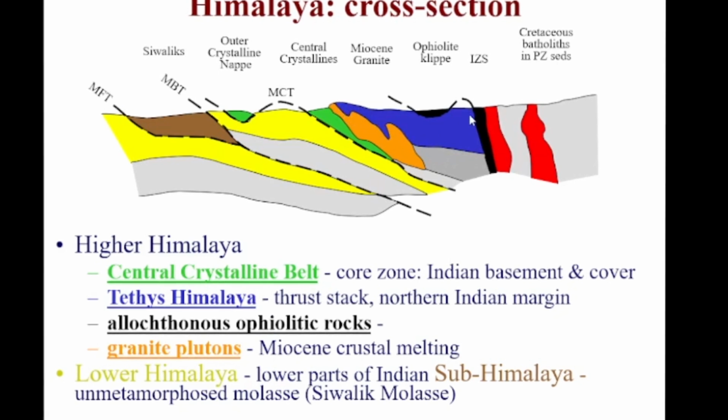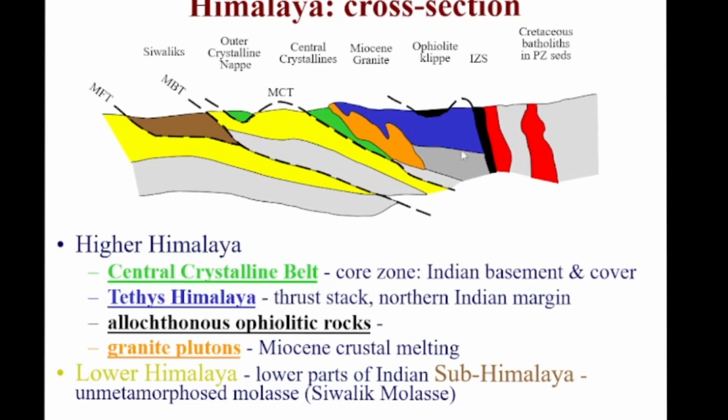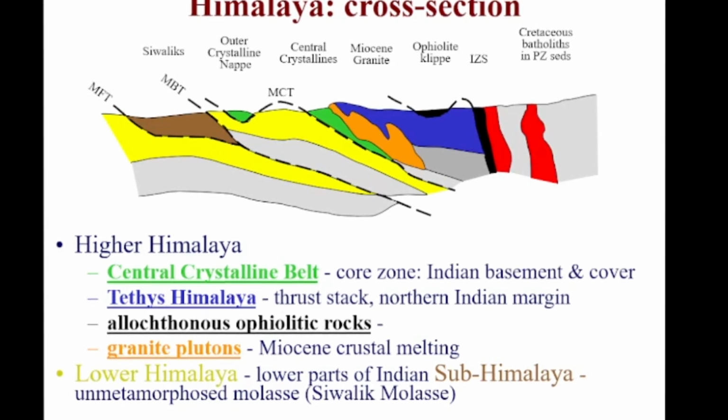Thrust stacked. This was a thrust stack. You can see this is the zone which is thrusted, and this thrust is called MKT. And the northern Indian margin, this was the extreme northern Indian margin, from where the sediments are coming. This is the zone of the extreme north, which was sometimes the shallow marine zone of the Tethys Ocean.